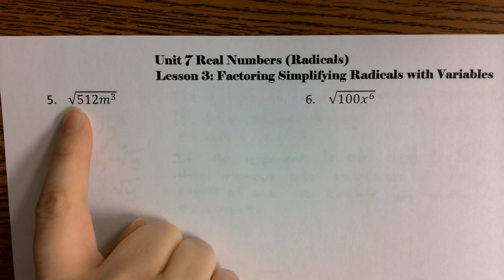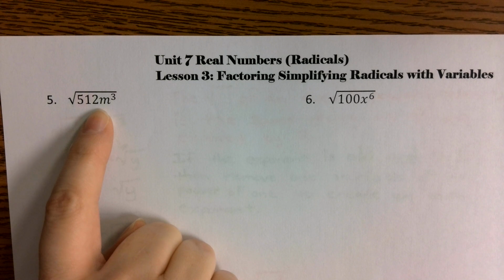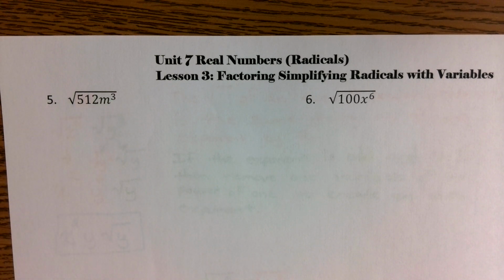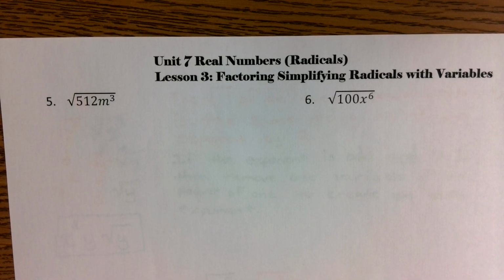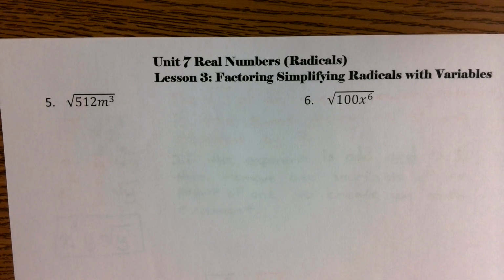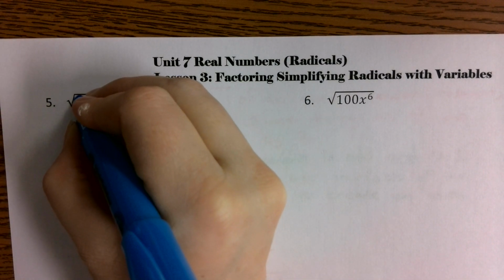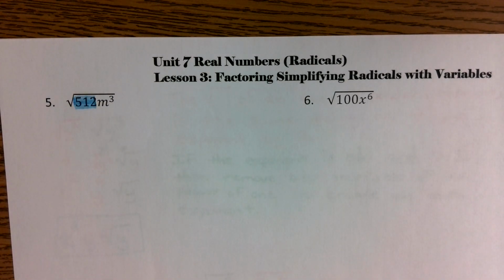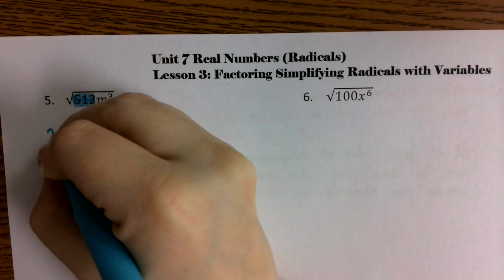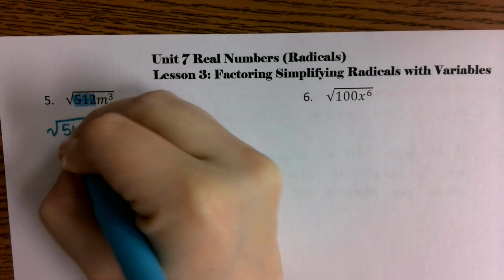So for here, we have square root of 512 m to the third power. I want to break this apart. I'm going to first focus on just the number. All right, so let's go ahead and break this down. I'm going to highlight 512 in blue. So I'm going to break that apart, pull it out, and do square root of 512.